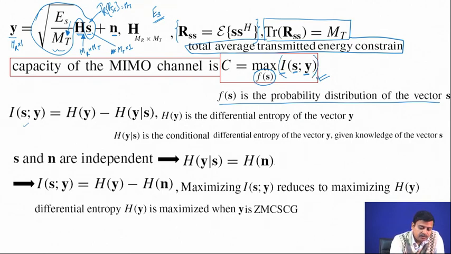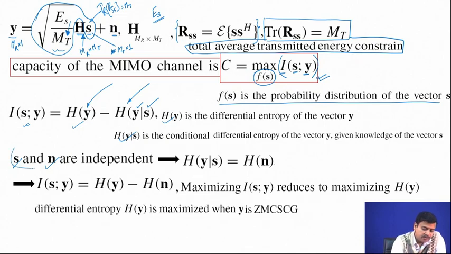The expression for mutual information is given as the differential entropy of Y, because this is a continuous random variable, take away the conditional differential entropy of Y given S, right. So, that is the expansion of the mutual information, and we have also defined both the necessary terms. The signal S and noise are independent.